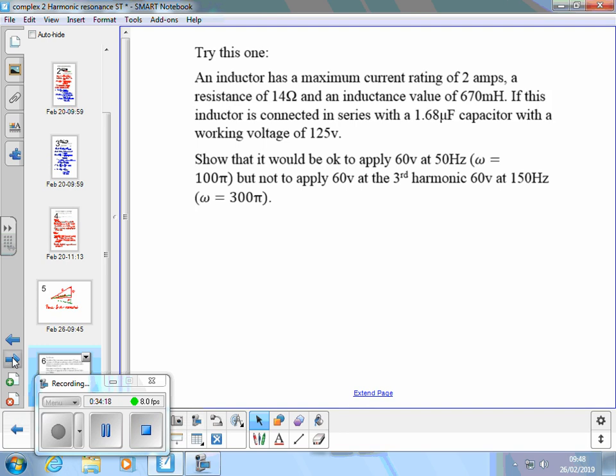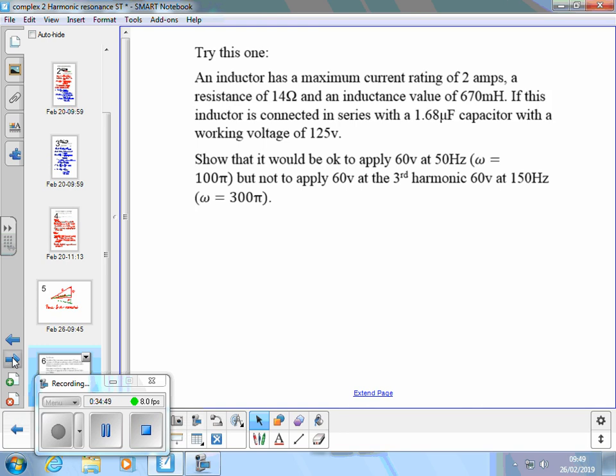Show that it would be okay to apply 60 volts at 50 hertz, where omega is 100 pi, but not to apply 60 volts at the third harmonic, which is 150 hertz. So through calculation, demonstrate that you'd be all right to apply 50 hertz, but not okay to apply 150 hertz because of resonance.